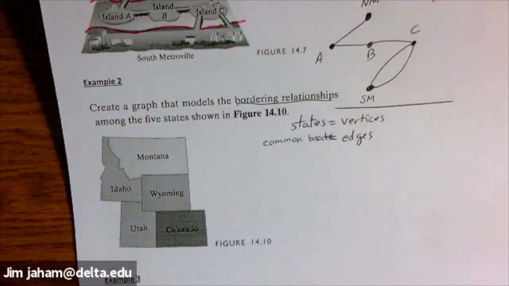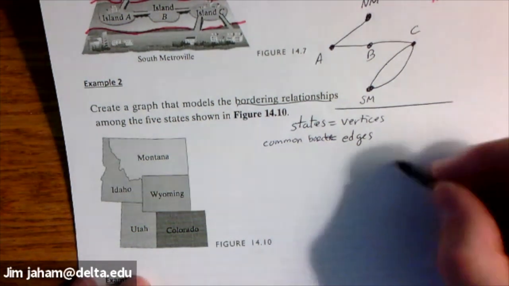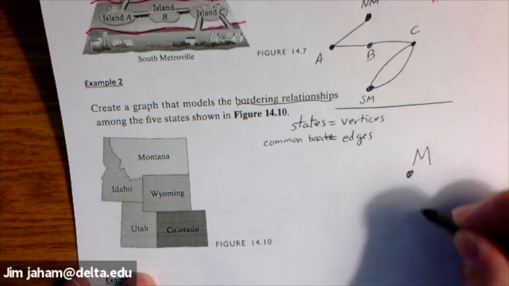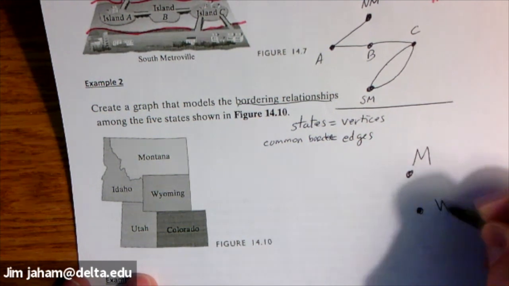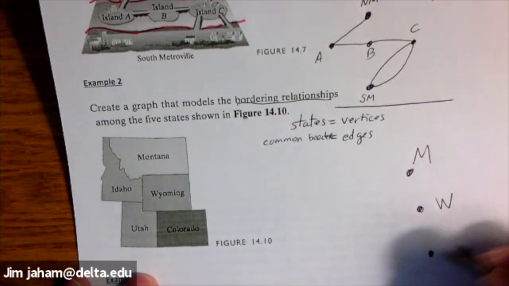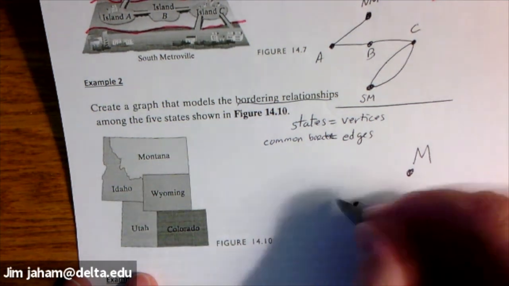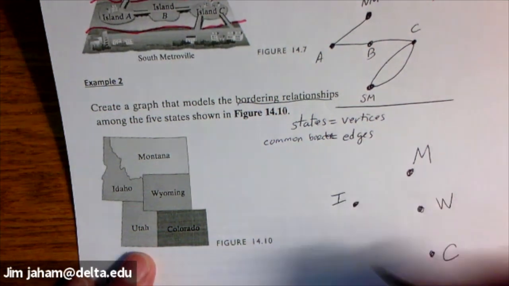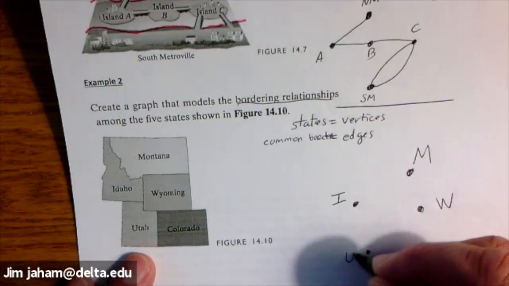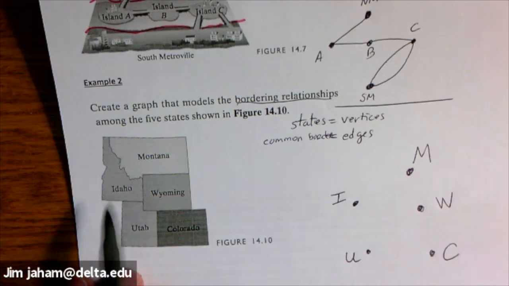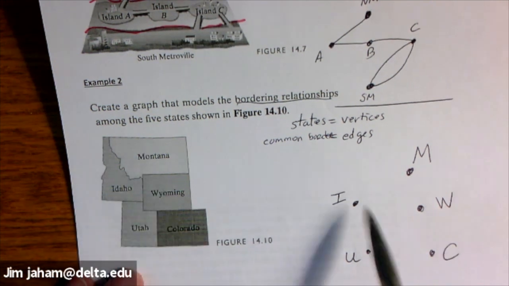So it would look something like this. We have Montana and Wyoming and Colorado, and just kind of coming down in here. And then we have Idaho and Utah. 5 states, 1, 2, 3, 4, 5 vertices.